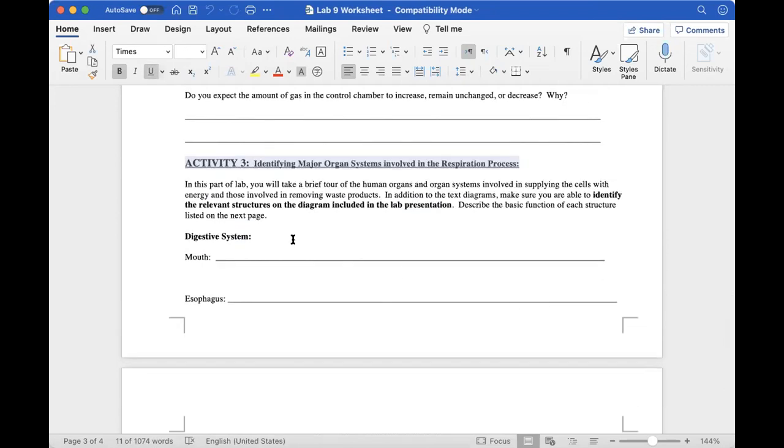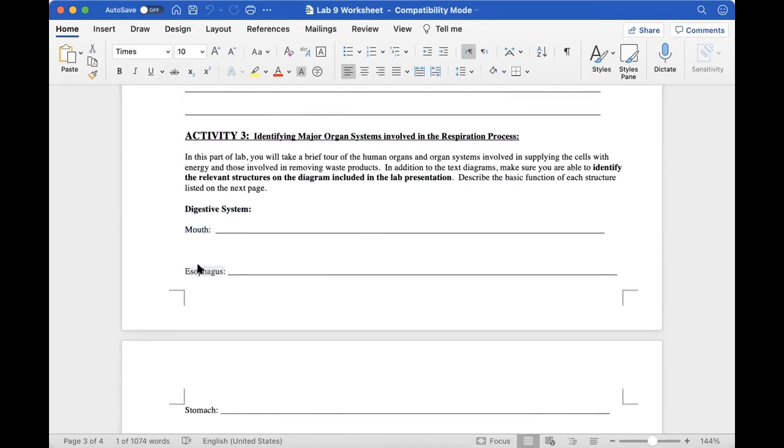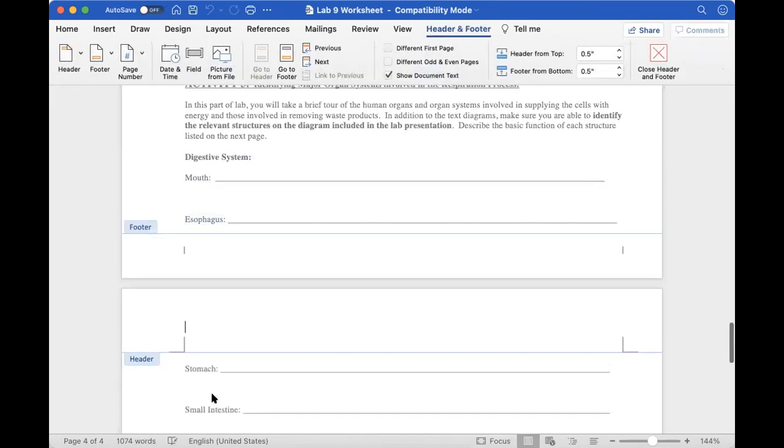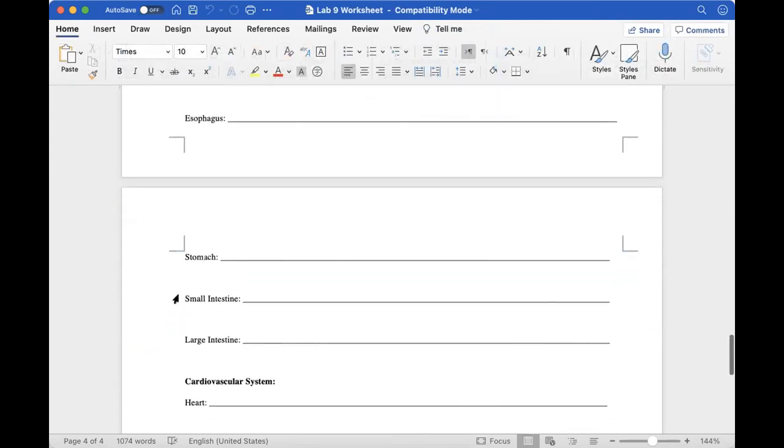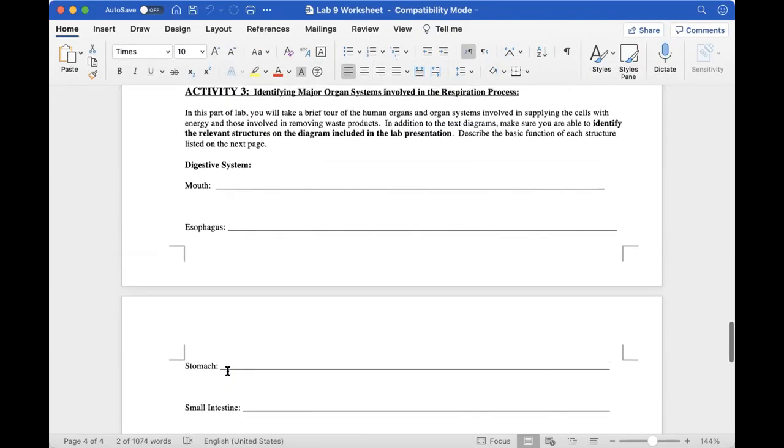But all you need to do is explain what each organ has to do with cellular respiration, meaning how does your body get glucose? In the digestive system, a lot of that has to do with eating. So what your mouth has to do with breaking down food into smaller pieces, what your esophagus does, what your stomach will do, your small intestine, the large intestine, a lot of the absorption of glucose into your blood occurs in these two places, and then where elimination occurs.